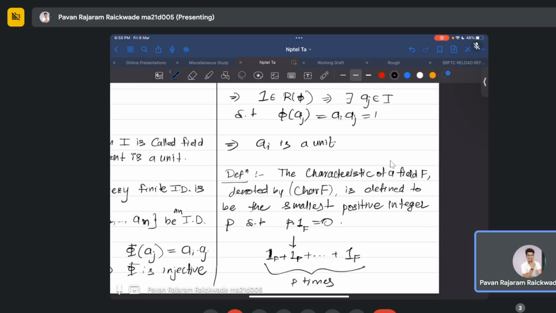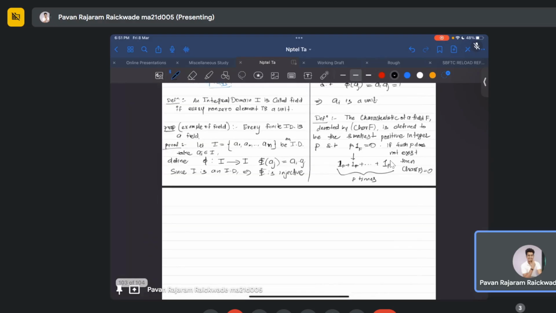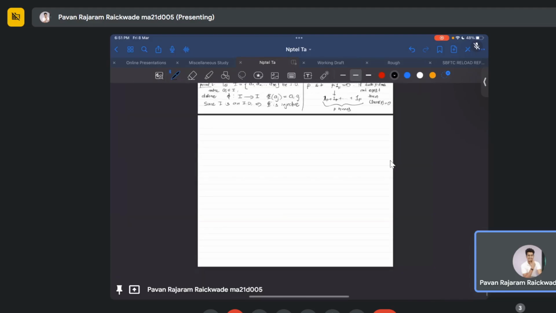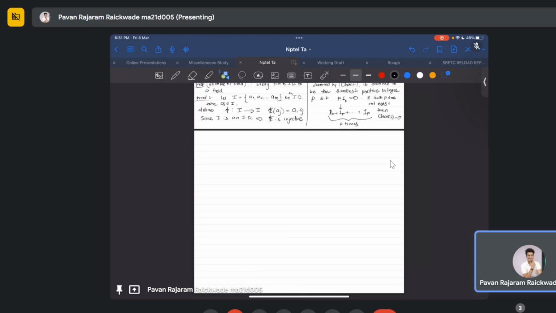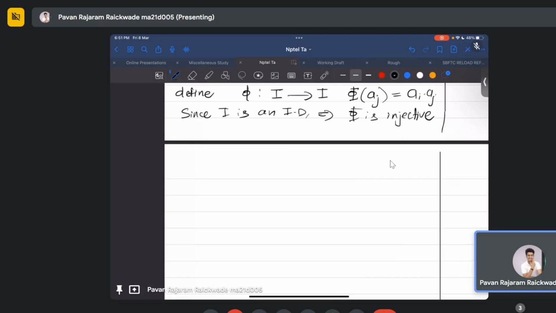And if such a p does not exist, then you define char of f to be 0. Okay, so what are the examples?